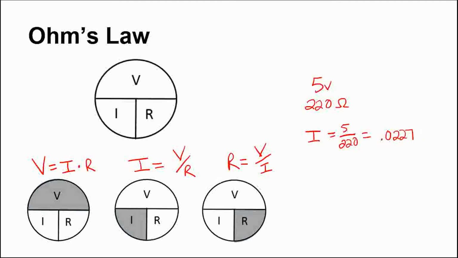If you do that on your calculator, you're going to get 0.0227, and we will round that off to 0.023.